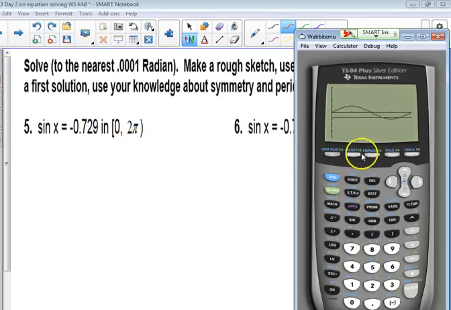Twice. Okay. The solutions are not going to be pretty because it's nowhere in my unit circle, right? So I need to find the intersection. Now, I will tell you on some of these problems, in order to find the intersection, you really have to get close with your guess, or the calculator struggles to find it. This one isn't too bad.